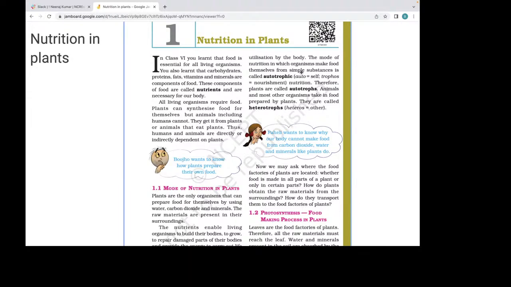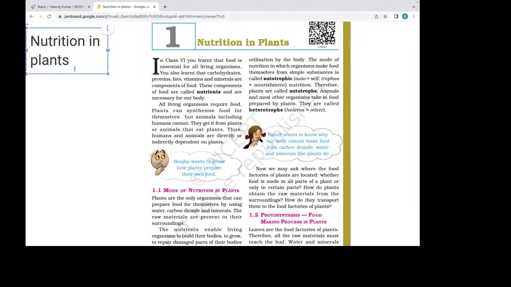So what is autotrophic nutrition? As the word suggests, auto means self and trophos means nourishment. So let's learn about autotrophic nutrition.